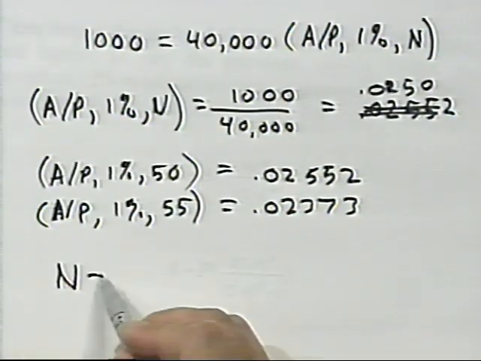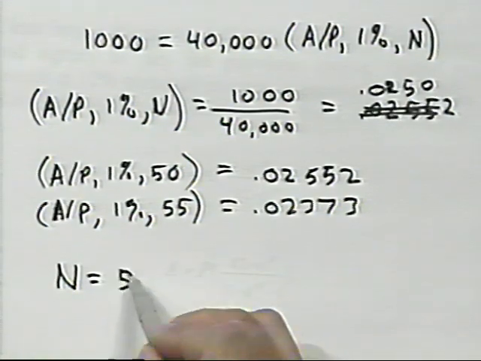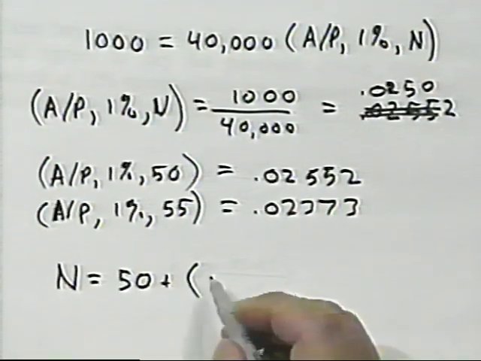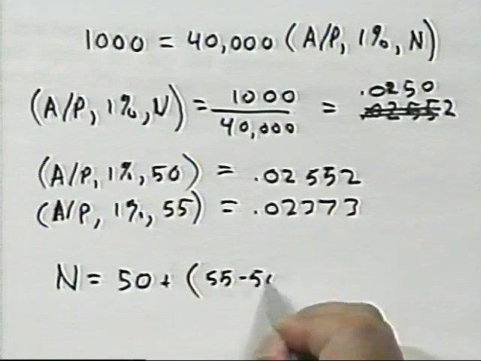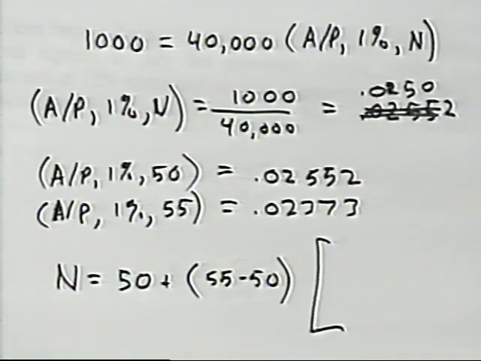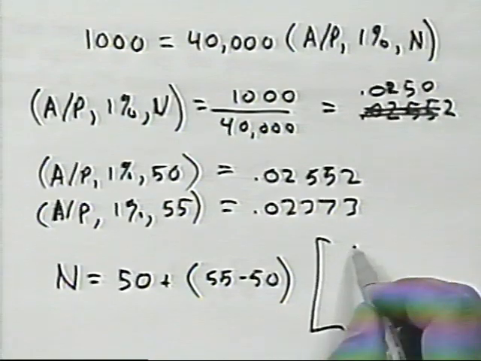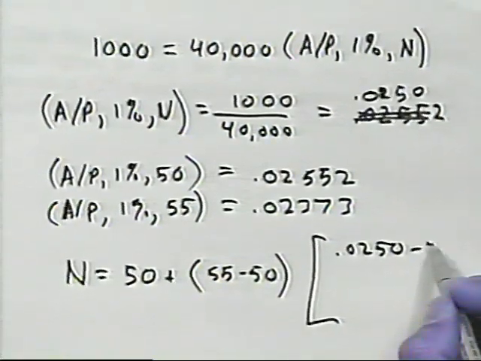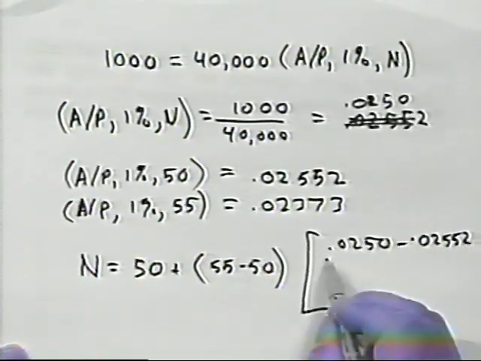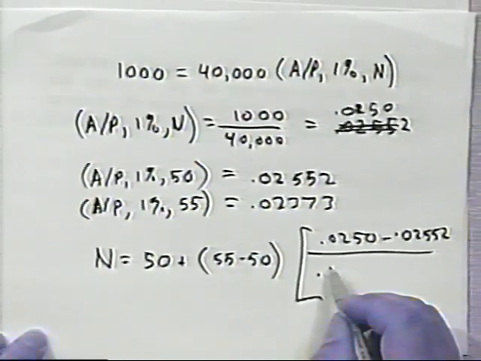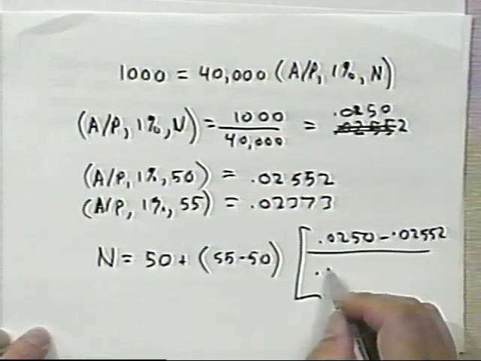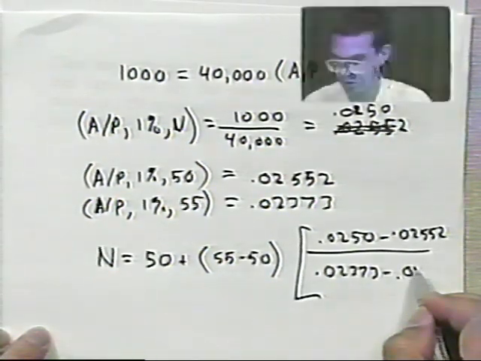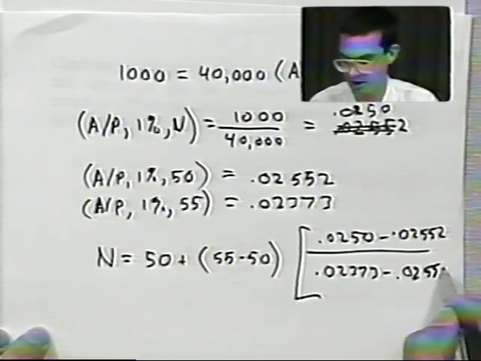So our n is going to be the lower bound of 50 plus the difference between the two values of n, 55 minus 50, times the dependent variable values, the target of 0.0250 minus the lower 0.02552 over the higher bound 0.02373 minus 0.02552.